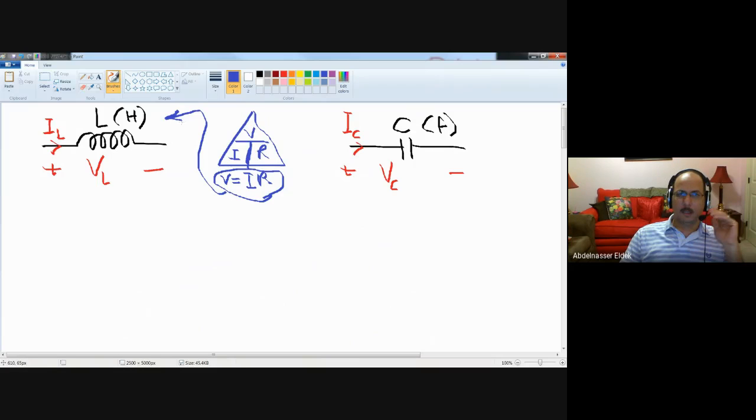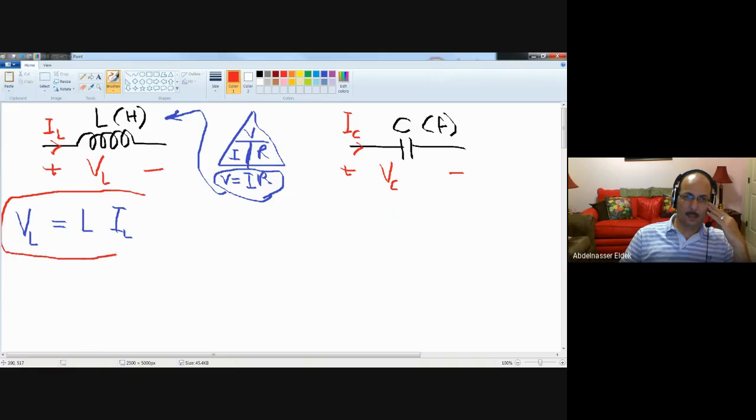So we write almost the same equation for the inductor. Let us write it here: VL equals L times IL. So instead of I R, it would be L times I. But of course, this will not work, because otherwise, if it has the same relation, what is the difference between the inductor and the resistor?